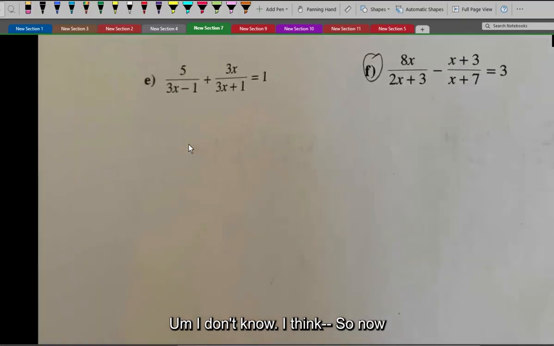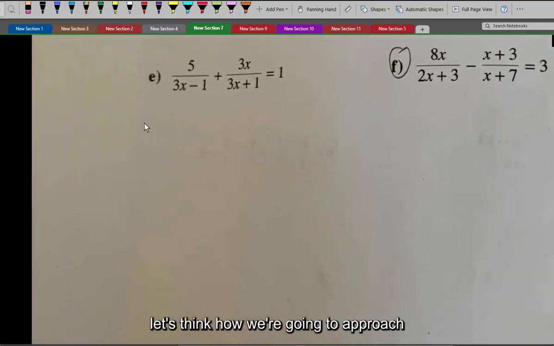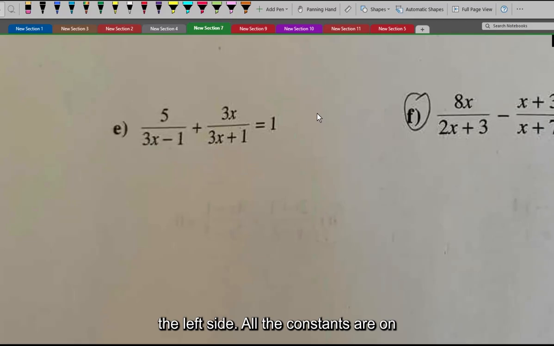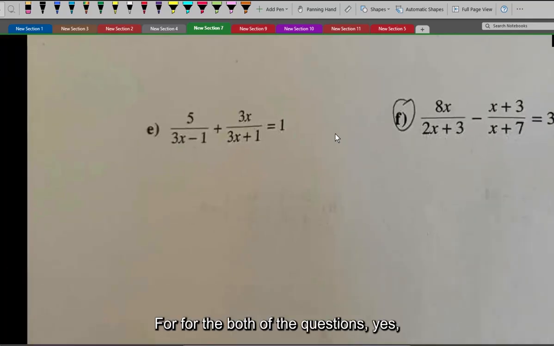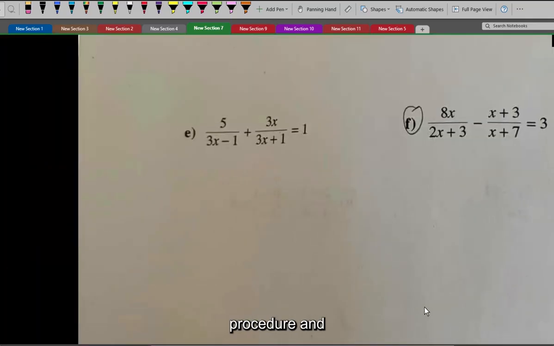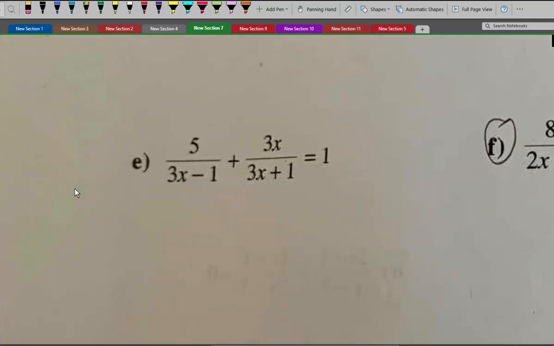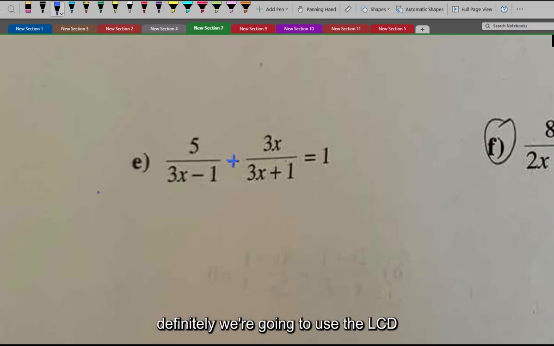I don't know. I think so. Now let's think how we're going to approach this question. So first thing is like distillation of variables and constants. So all the variables are on the left side, all the constants are on the right side. We are good with that. For both of the questions, yes, it's going to be almost the same procedure, and we have an operation between two fractions.